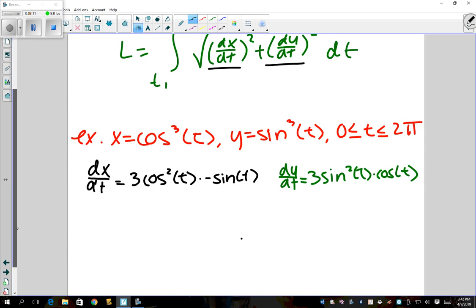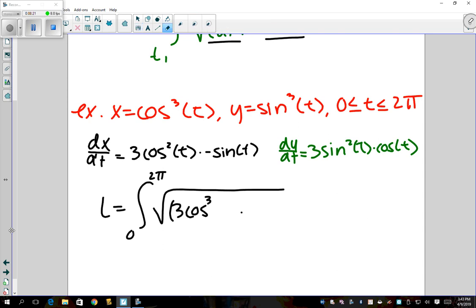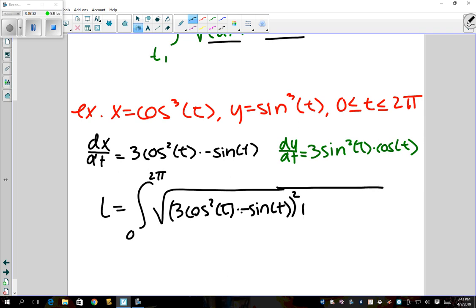So we're going from 0 to 2 pi of the square root of, 3 cosine squared t times negative sine t, all that squared, plus 3 sine squared t times cosine t, and all of that squared. And then we're taking the integral with respect to t.